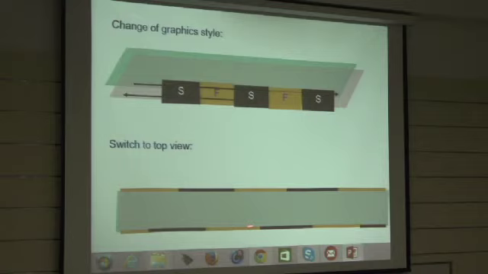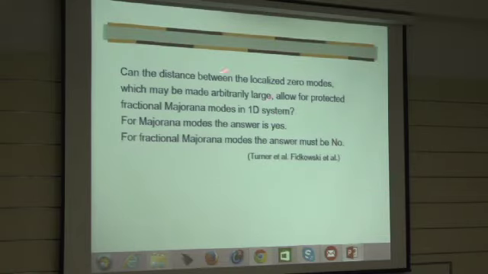Ferromagnet, superconductor, and this is what used to be the annulus. So this closes like that, and it's now a thin annulus. In fact, it gets even thinner. Here it is now. It's very, very thin. It's almost 1D. Do we lose the non-abelian defect that we just talked about creating?